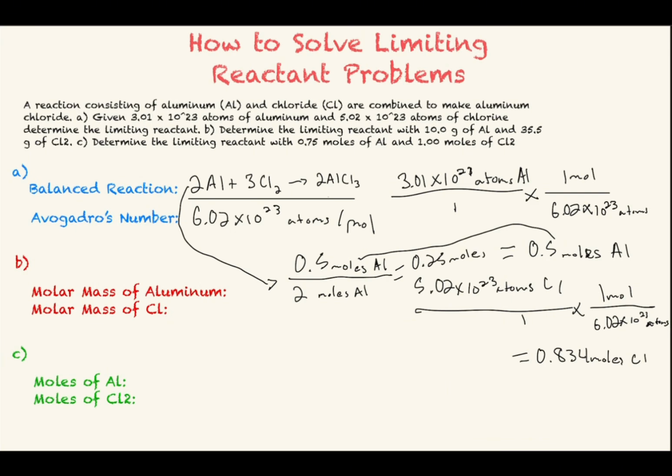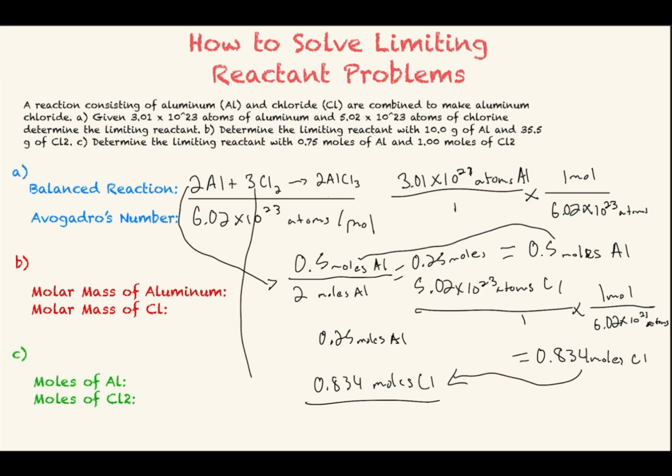And that'll be 0.25 moles of aluminum to be exact. And then we also have to do that for the other one, which will be 0.834 moles, and that'll be of chlorine. And that's coming from this guy. And then we need to find the moles of chlorine, which is 3 right here. And immediately I can say that it'll probably be closer to 0.33, but we'll just do the math really quick.